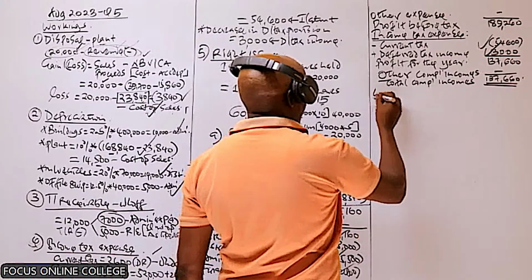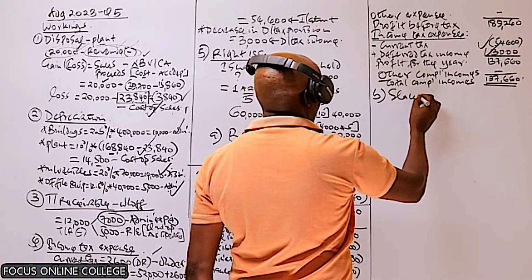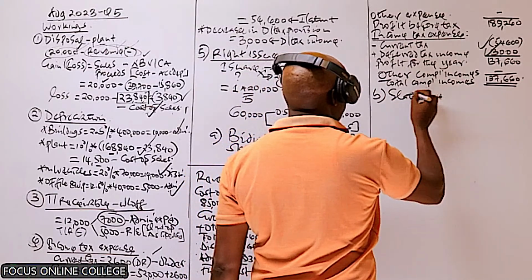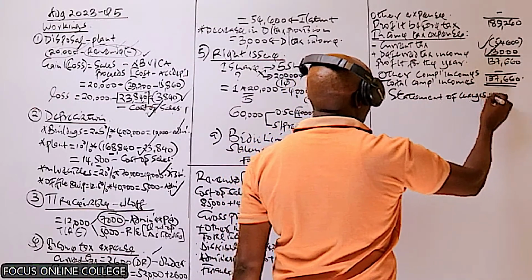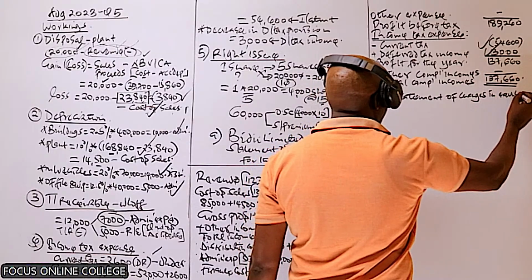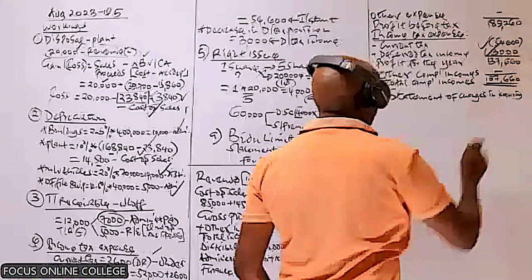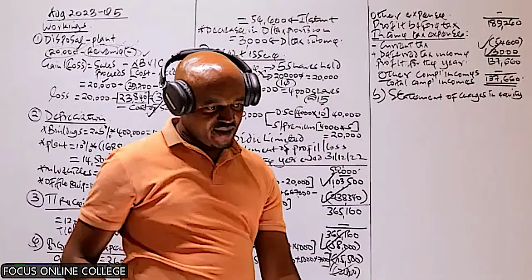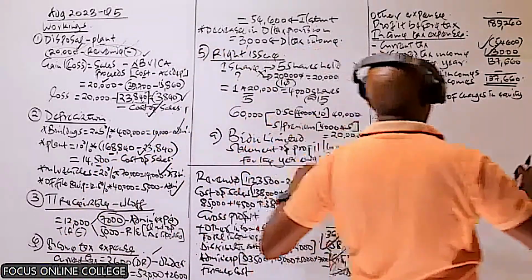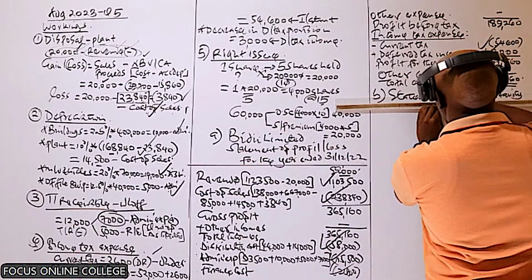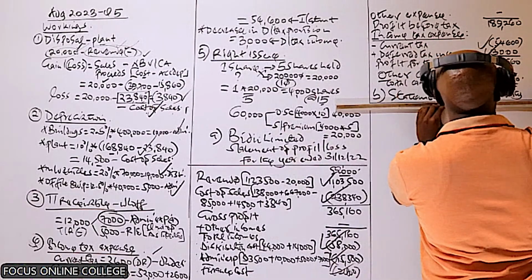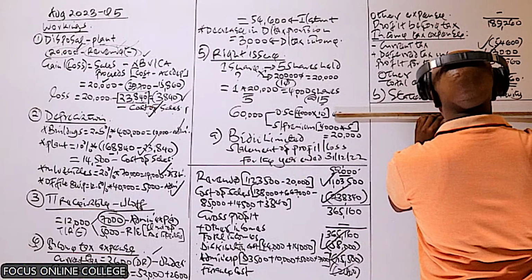So let's move to part B, and we are required to prepare the statement of changes in equity. Remember, a statement of changes in equity is prepared to show the changes in the various items of equity.